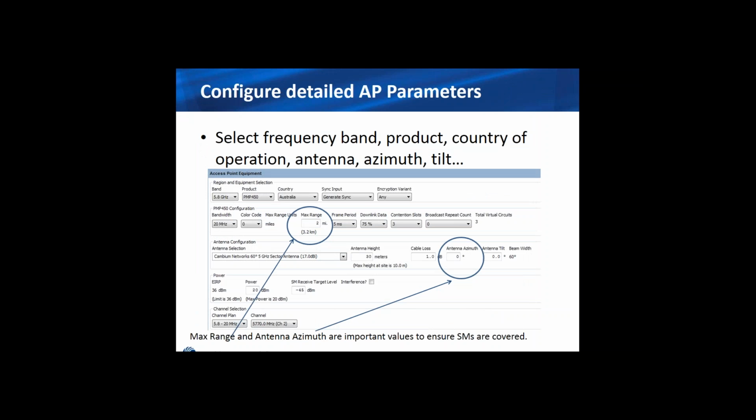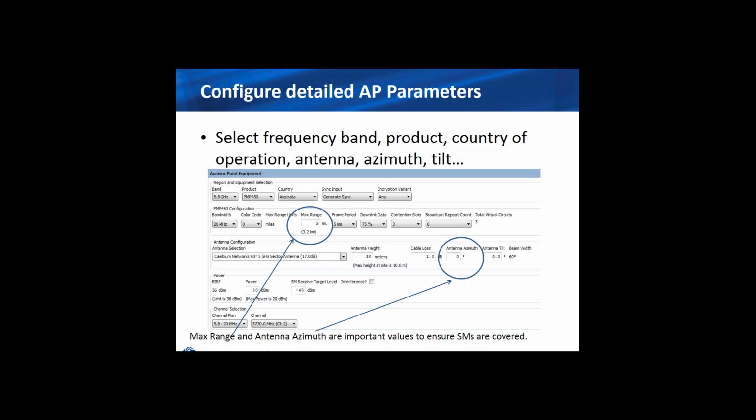So here we see a design window that's very, very similar to what we just saw with the PTP links. And on here, again, we want to follow that same principle of working from top left, moving across left to right, and then moving down the screen.